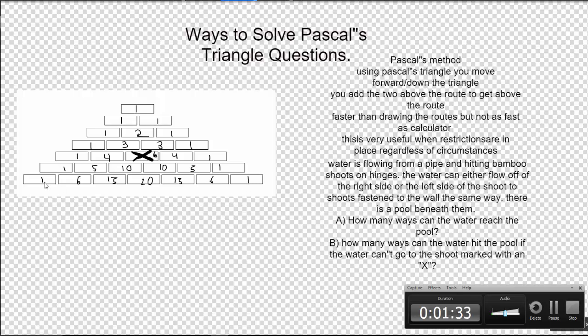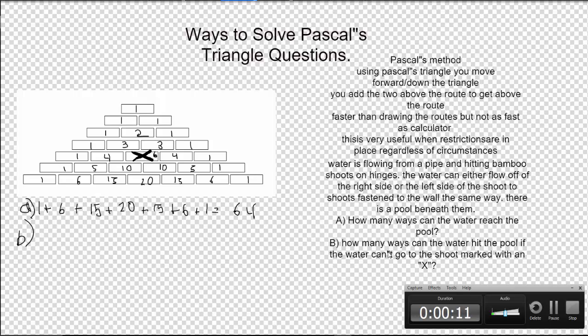So I'm going to add the bottom ones all together: 1 plus 6 plus 15 plus 20 plus 15 plus 6 plus 1 equals 64 total ways. So that's question A.